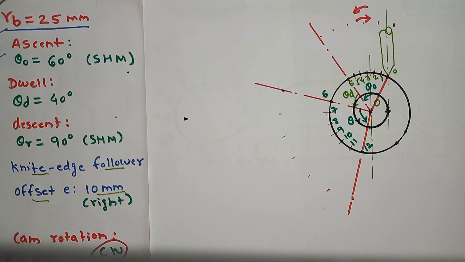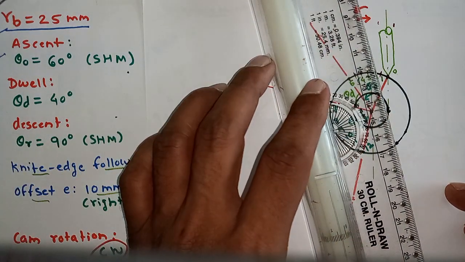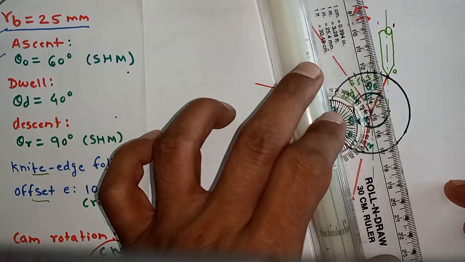So now we will draw the line of action of the followers at all the instances tangent to this offset circle and passing through the corresponding divisions on the prime circle.